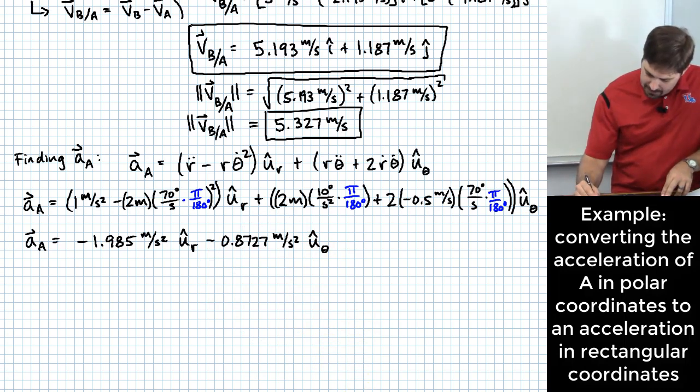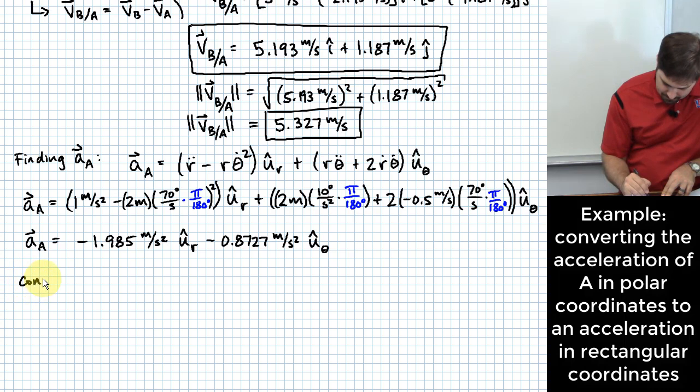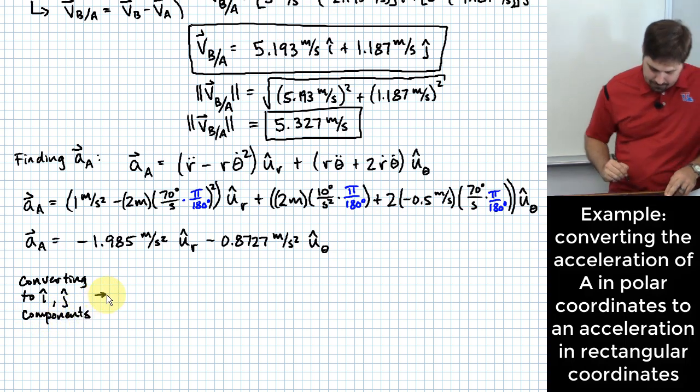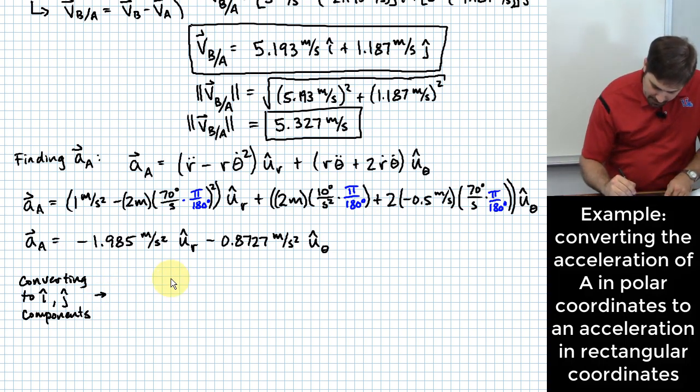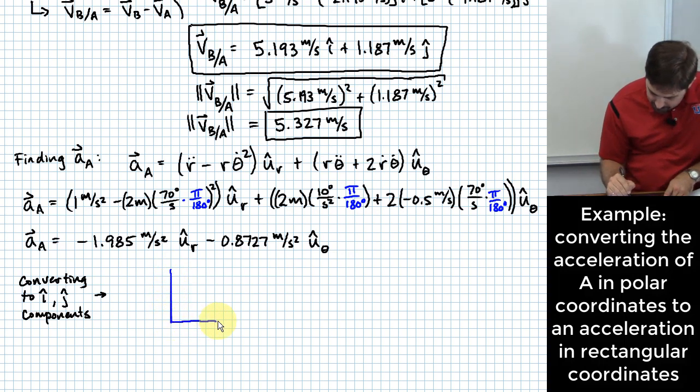So again, converting to ij components, I'll do it kind of the same way we did before. Let's interpret what these are on an xy set of coordinates.